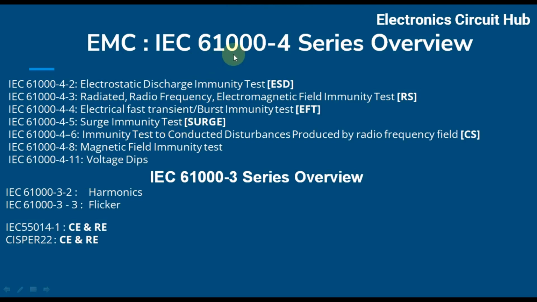As per the IEC 61000-4 series overview: 61000-4-2 is for ESD, 4-3 for RS, 4-4 for EFT, 4-5 for surge, 4-6 for CS, 4-8 for magnetic field immunity, 4-11 for voltage dip. You can also see the IEC 61000-3 series overview: 3-2 is harmonics, and 61000-3-3 is for flicker, and you can also find some standards here, right?